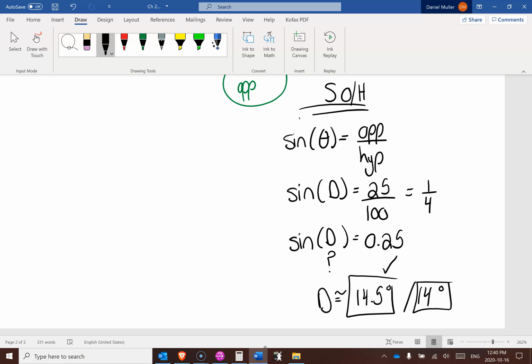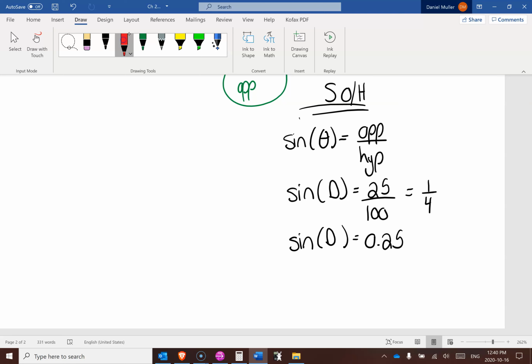So 14.5. Now let's try this with the calculator. You're trying to find the angle. Let me just erase this here. So we said 14, 14.5, somewhere around there. Now, in order to get rid of the sine, the algebraic way to get the D alone, you're going to have to do the sine inverse. Remember I said I wasn't going to write it every single time, but apparently I don't listen to myself.